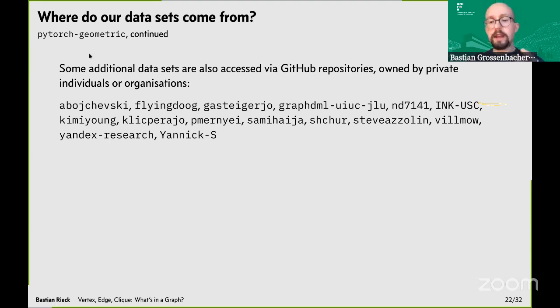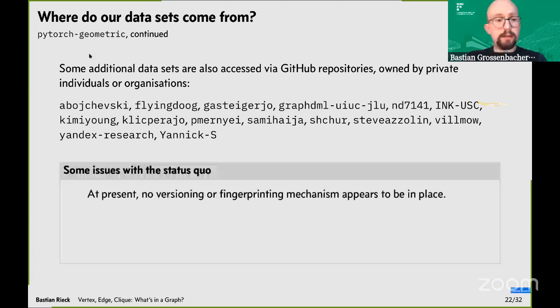But nevertheless, it might be a fair question to ask, what actually happens if one of these persons retires? What happens if one of these persons decides to remove the dataset for whatever reason? What happens then? Well, we might have backups somewhere in the web archive or somewhere else, but it's really not clear how we should handle these different dataset sources.